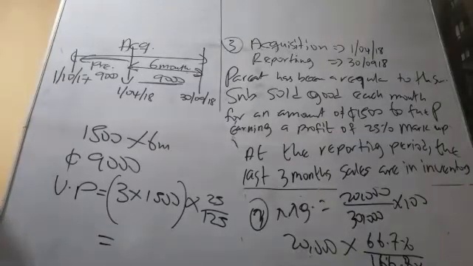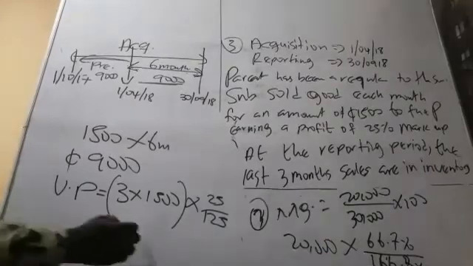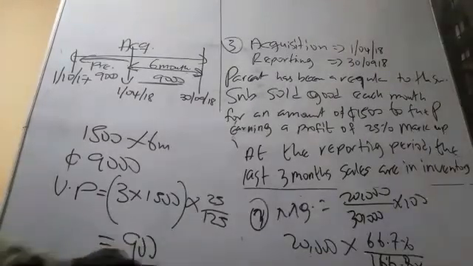And this will give us 25 out of 125. Good. So this is 900. We are done.